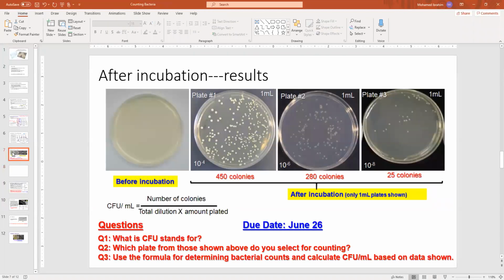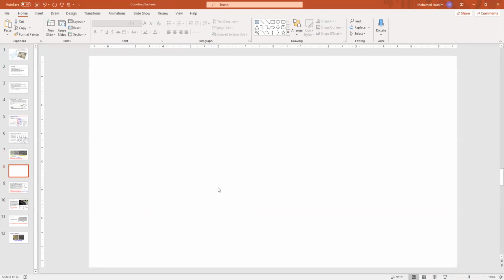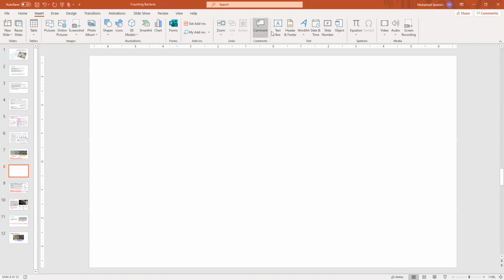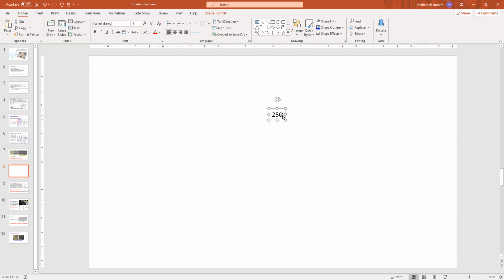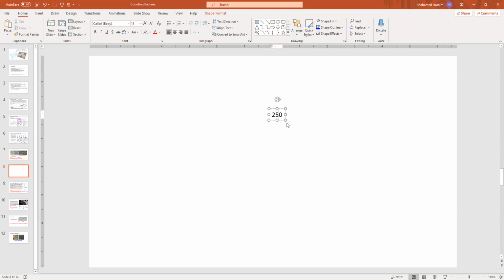So you have the total number of colonies, 250. Here's the value you have. When you use the equation, this will be divided by 10 to the power of minus 6, right?